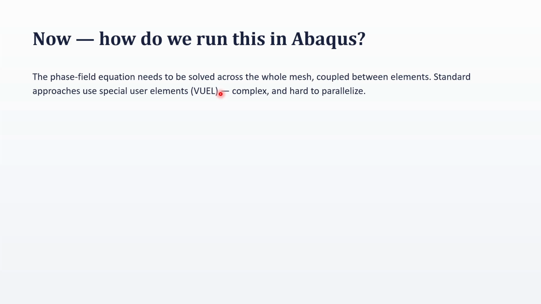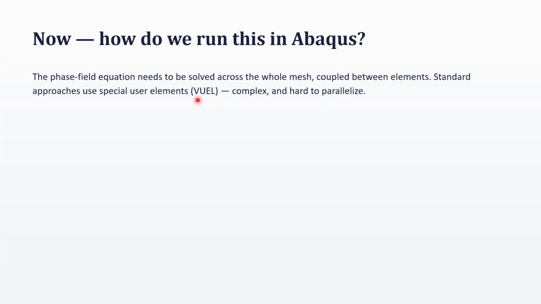But the main issue is that it takes a lot of time to complete. In an explicit format, if you have a very fine mesh, it will take a lot of time. So you use parallel computing, multiple CPUs.